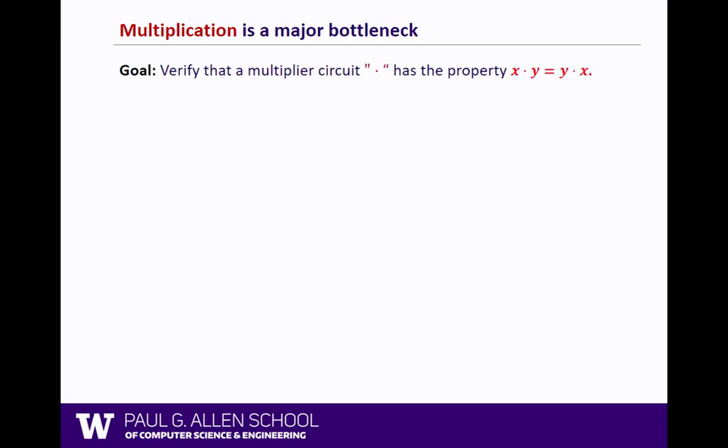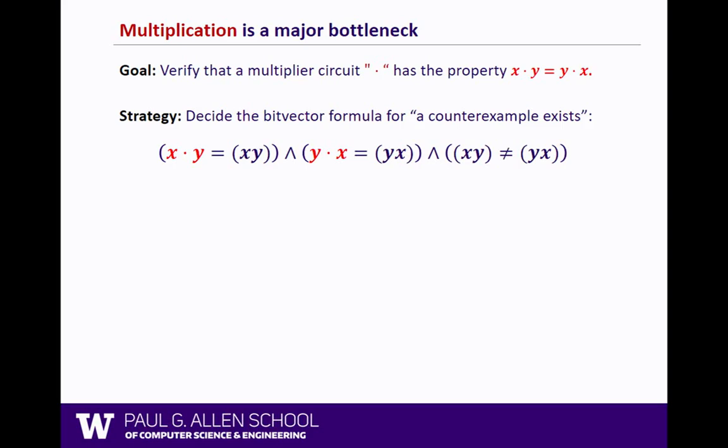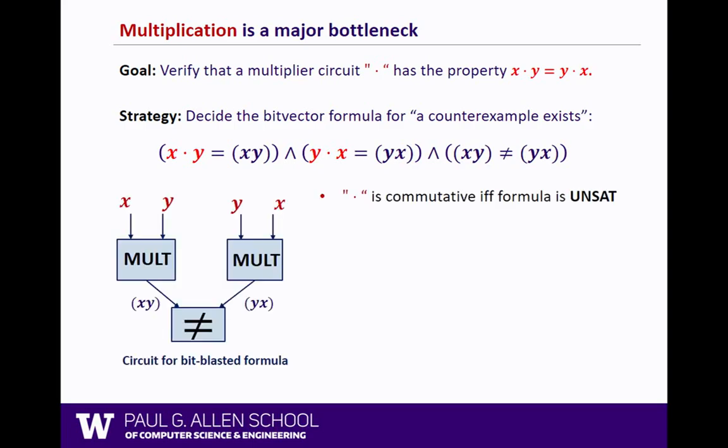Take a simple property that we might want to verify that a multiplier circuit has, such as commutativity. So let's follow our strategy. Let's make a bit vector formula that says that some counterexample to commutativity exists. This formula has the property that if and only if our multiplier is commutative, then it'll be unsat.